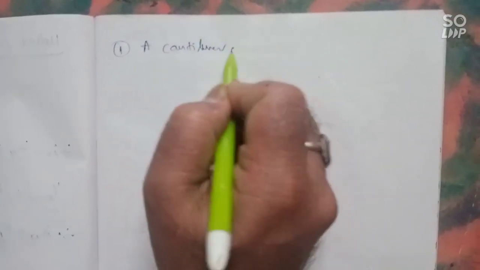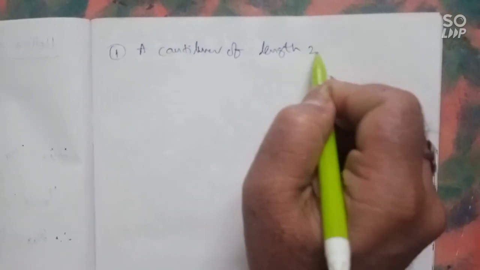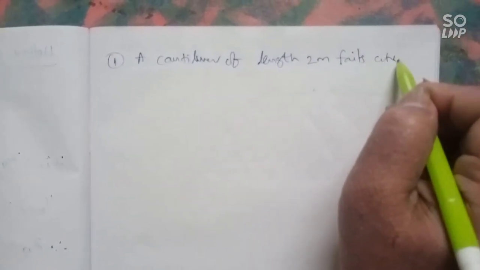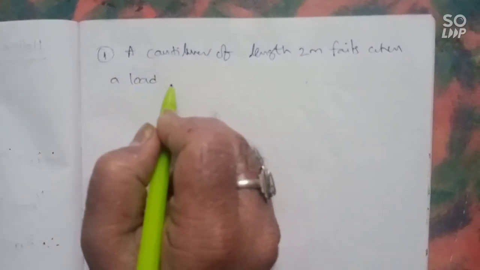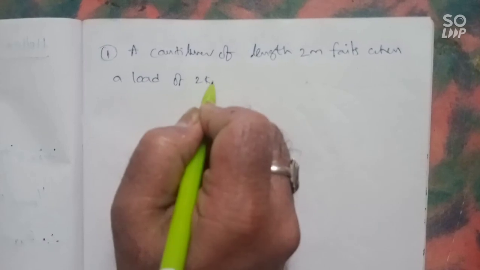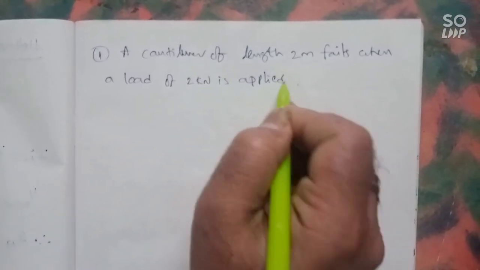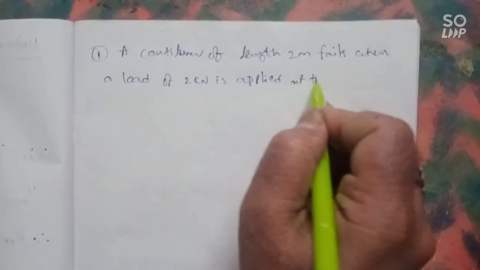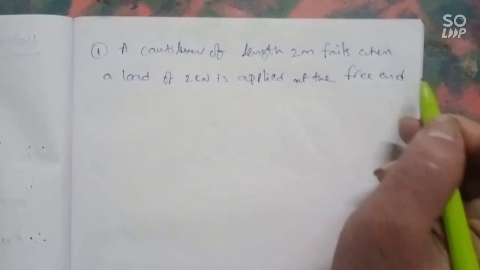A cantilever of length 2 meters fails when a load of 2 kilonewtons is applied at the free end.